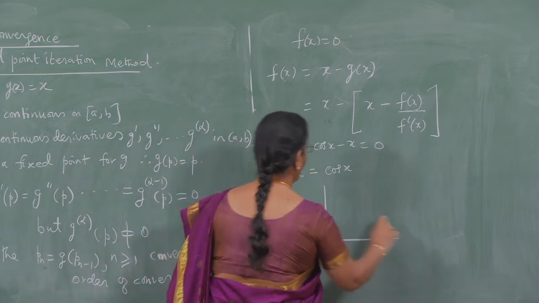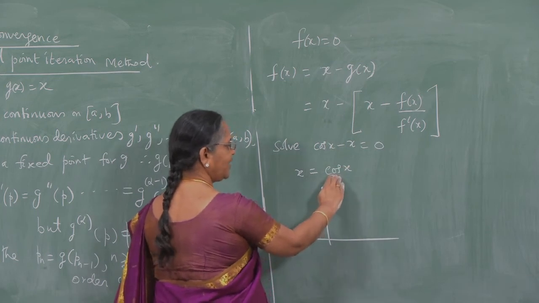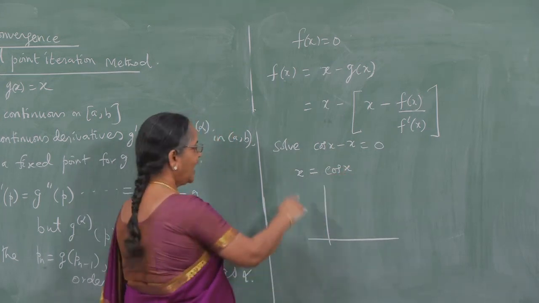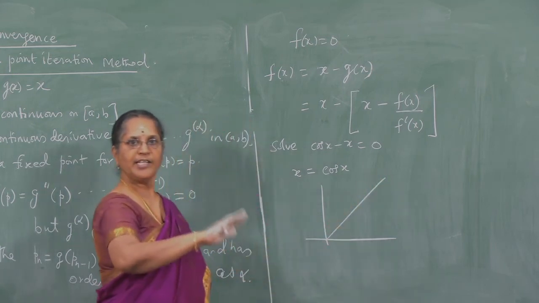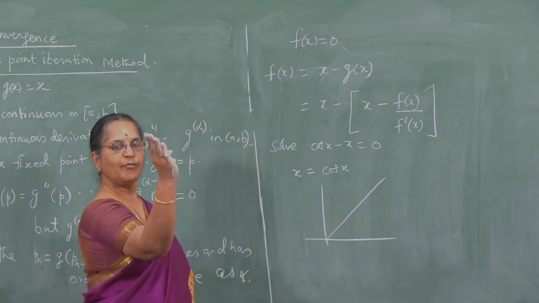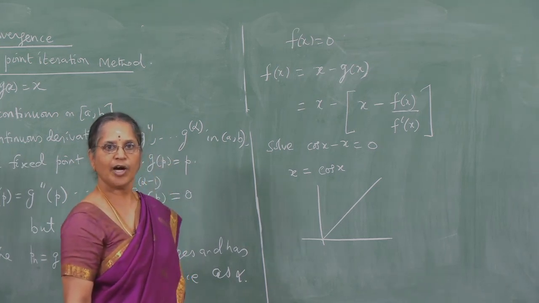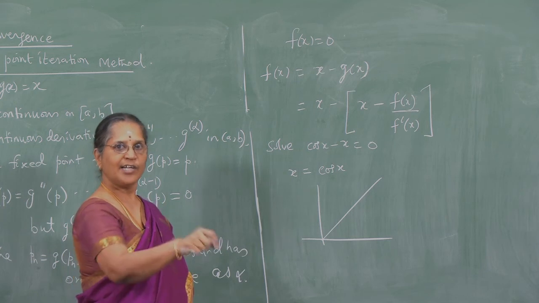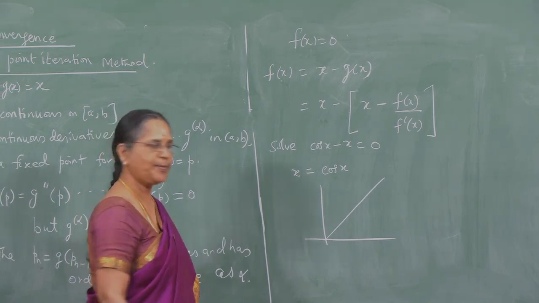What is that point p? If I draw the graph of y equal to cos x and the graph of y equal to x, the point where the line y equal to x crosses the graph of y equal to cos x is the required point at which p is equal to g of p.